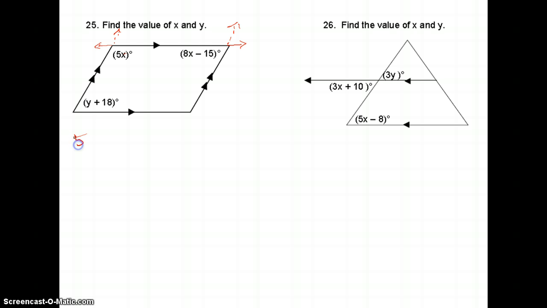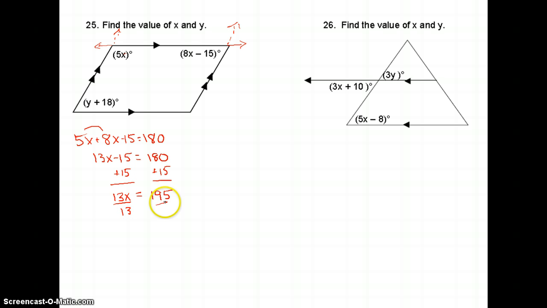So we'll just do 5x plus 8x minus 15 equals 180. Combine like terms, 5x plus 8x is 13x minus 15 equals 180. I'm going to add 15 to both sides. 13x equals 195.